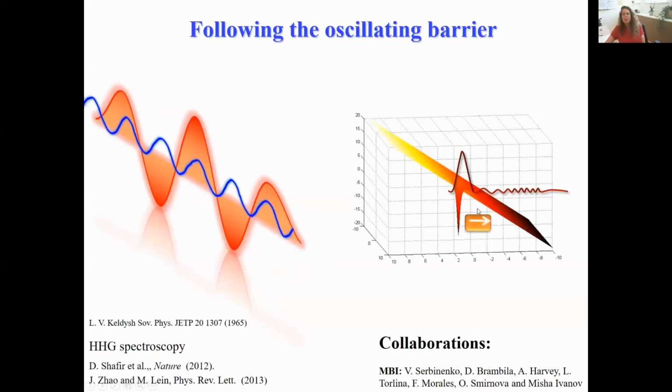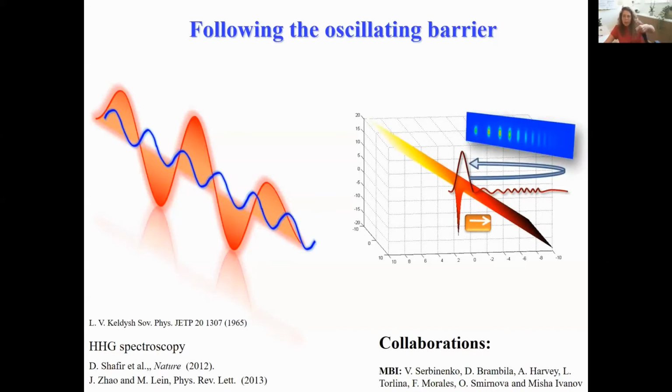And if the two fields are out of phase, then we slightly lift the barrier and therefore suppress the tunneling probability. Eventually, this information, the tweaking in the tunneling probability, is mapped by the recolliding electron into the amplitude of each harmonic order that we observe in our lab.